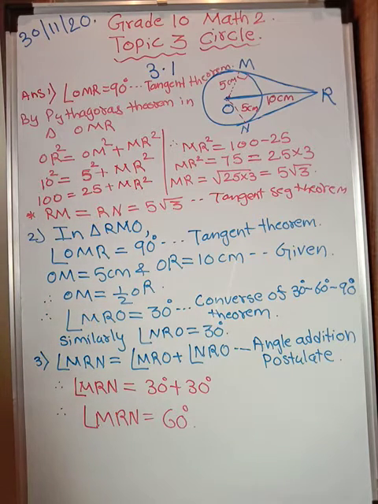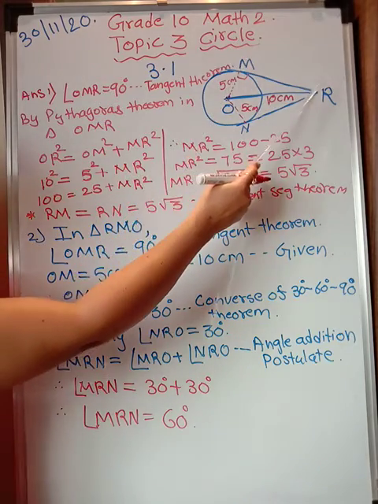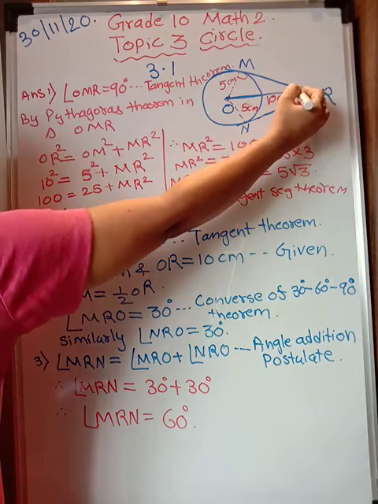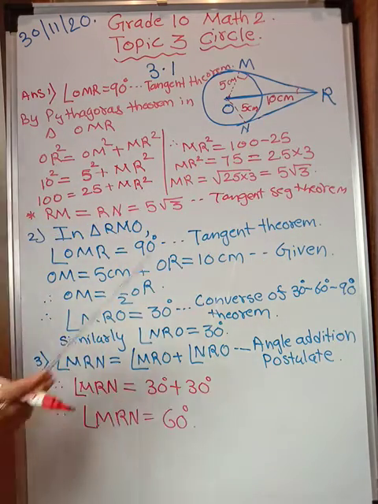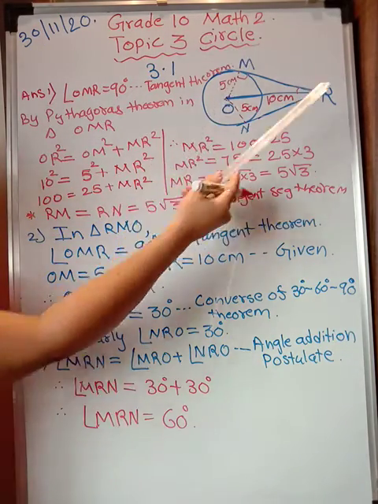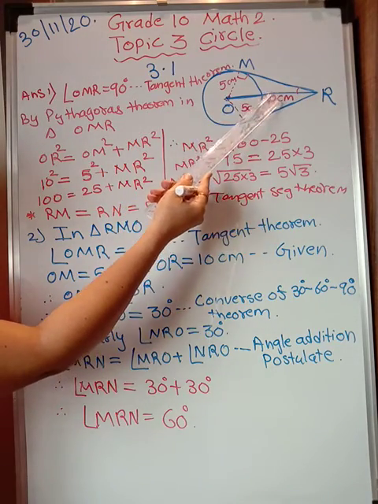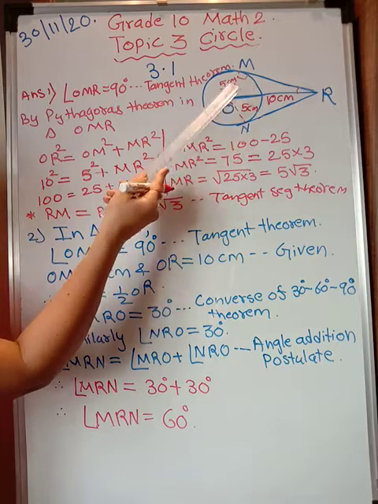Now the second question they have asked is, what is the measure of angle MRO? Can you see this angle MRO? This angle they have asked, students. Now carefully observe this triangle MOR. This is 90, this is 10 centimeters, which is opposite to the 90-degree angle, and half of 10 is 5 centimeters.